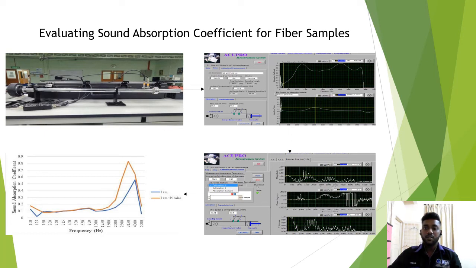Then we insert the fiber sample into the impedance tube, calibrate the impedance tube twice, and click the start button. We wait until the countdown reaches 200 averages, and then we click calculate and save the data in an Excel graph. We need to do this process for every fiber sample.